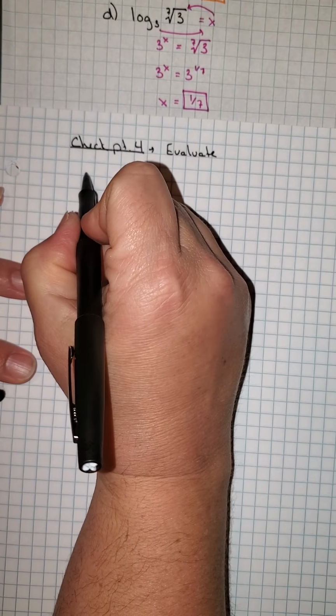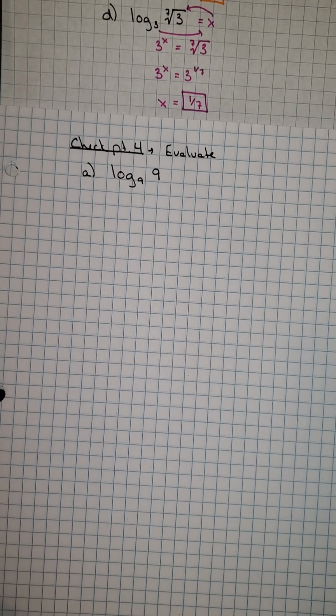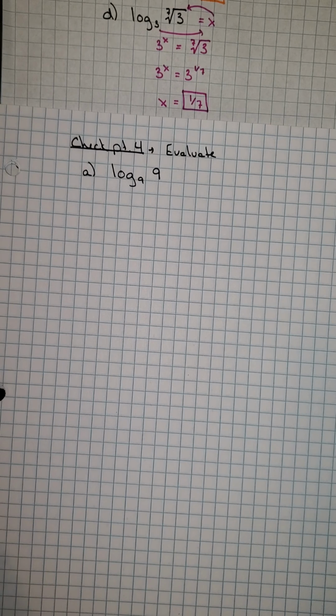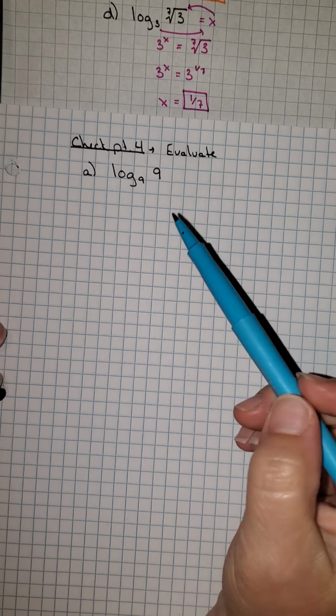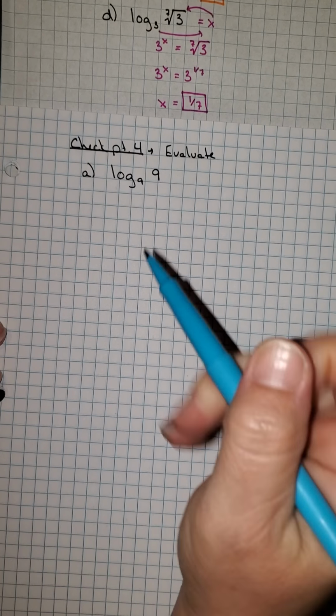First one, you have log base 9 of 9. What we've got going on here is our base matches our number. If we need to do the whole setup, we can, but I do want you to start thinking, okay, 9 to what power is 9? That would be 1.